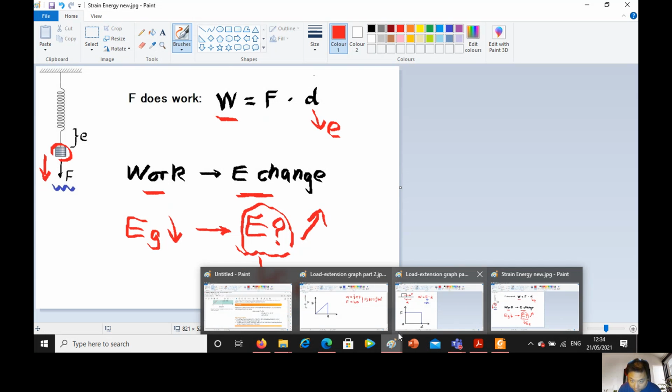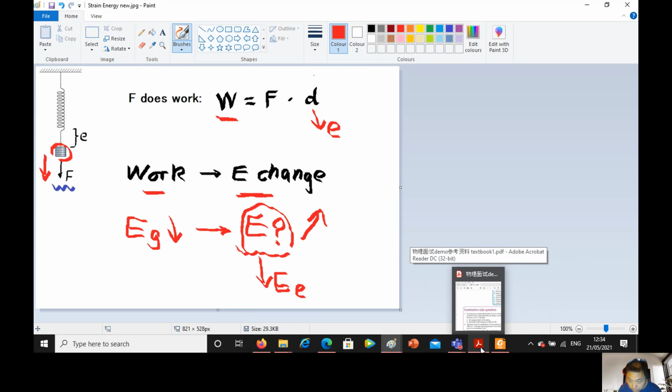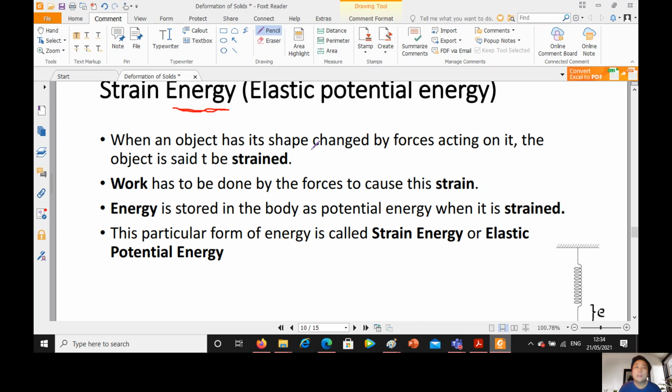Now let's go back to my PowerPoint here. So now let's go through this concept. When an object has its shape changed by a force acting on it, the object is said to be strained. I will come back to this maybe next lesson when we're talking about Young's modulus, but just try to understand what strain means.